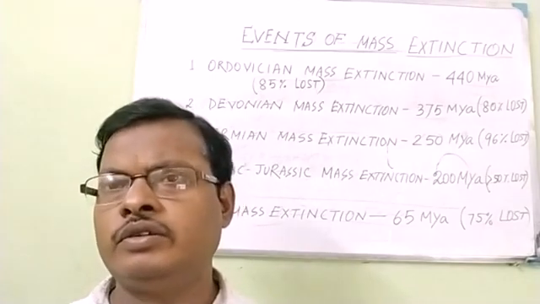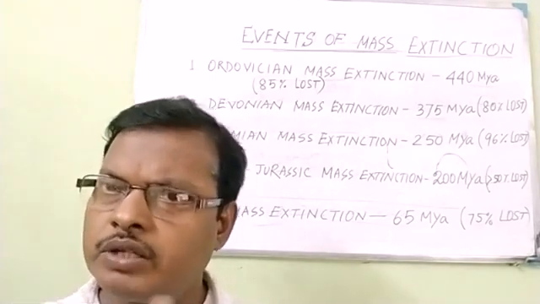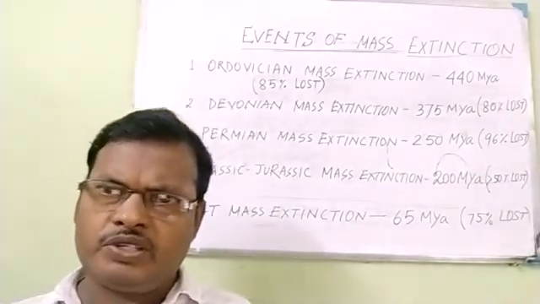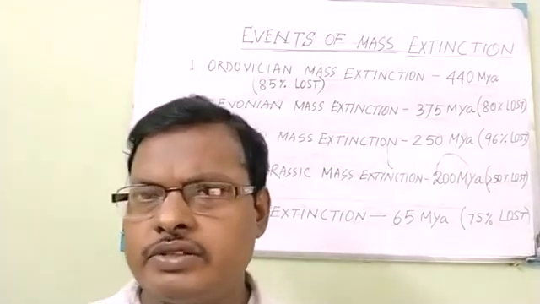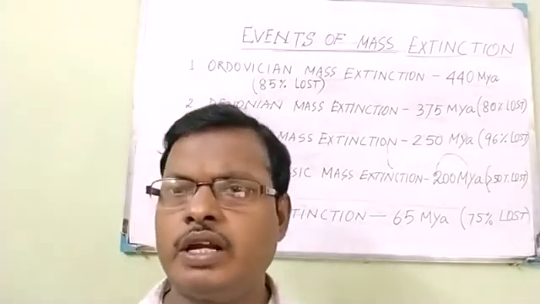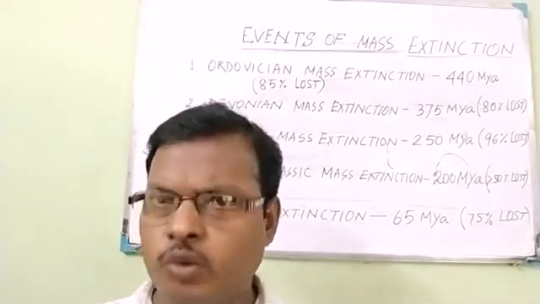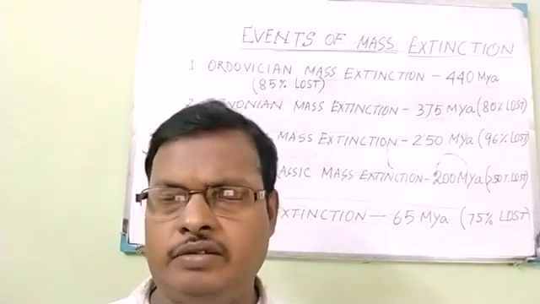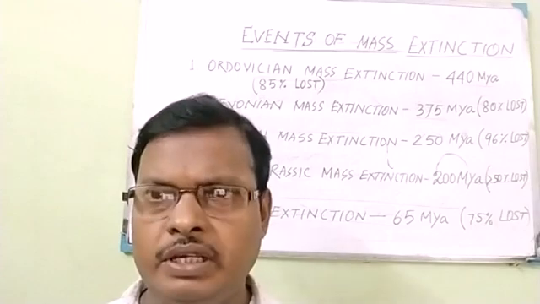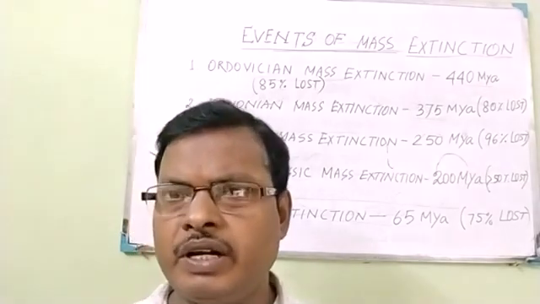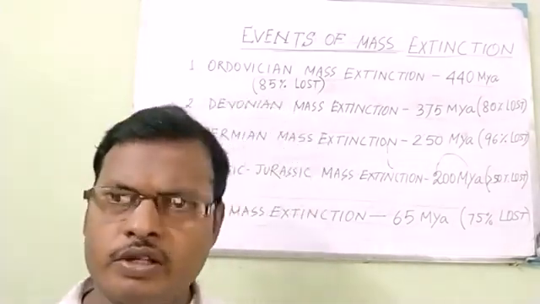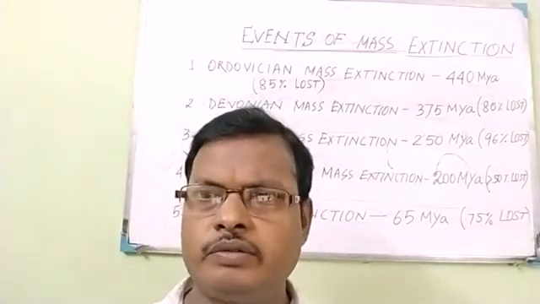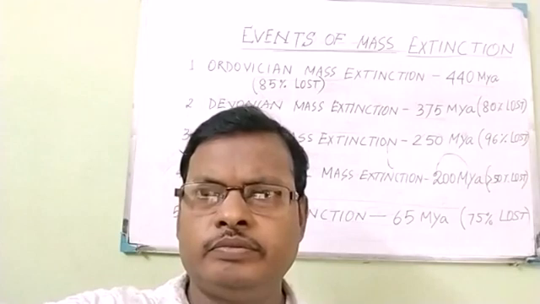This was one of the major reasons of dinosaur extinction. Besides, natural calamities like volcanic eruption, earthquake, drought, flood, tsunami, or movement of tectonic plates also favored the mass extinction phenomenon.